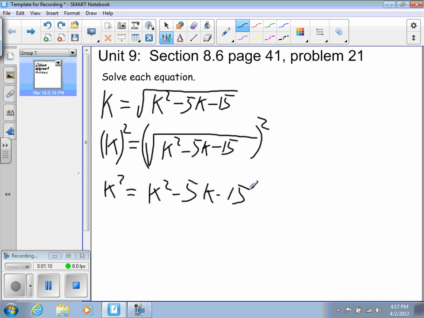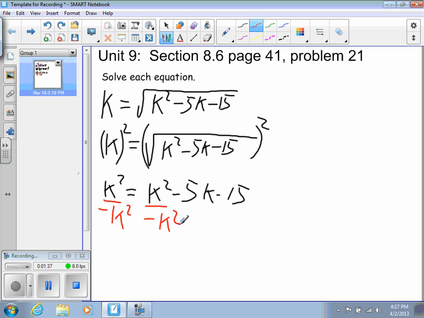What do I see? What I see is that I have a 1k squared on either side of the equal sign, and that I can get those to cancel each other out. I'm going to subtract k squared from both sides of the equation.